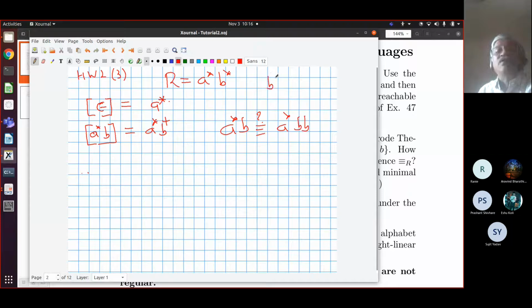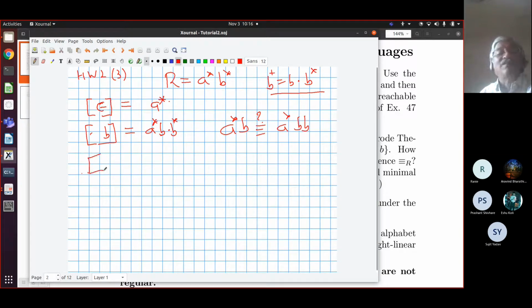Plus is the notation for B catenated with B star, at least one B. Star says 0 or more repetitions, plus says 1 or more repetitions. This is a standard notation, so I will use it here. I could have written it as A star B dot B star. So this is the equivalence class of A star B, which is also the equivalence class of just the string B.